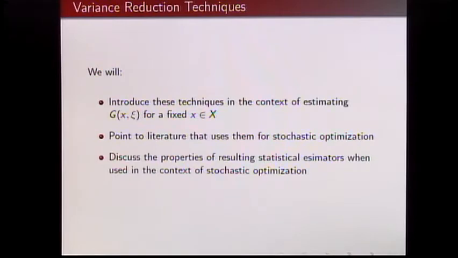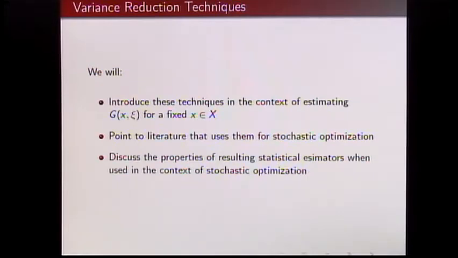I want to estimate a mean, all right? So I'm going to introduce these techniques for that, and then every time I introduce a topic, there's a bit of a literature slide or two that says so-and-so used it in this context, it behaves like this, kind of like pointers for you, what happens in stochastic optimization.